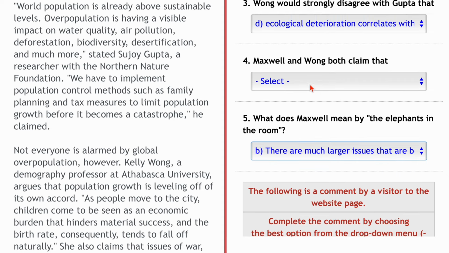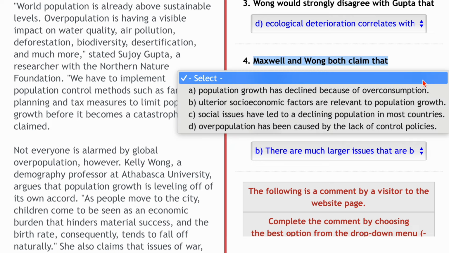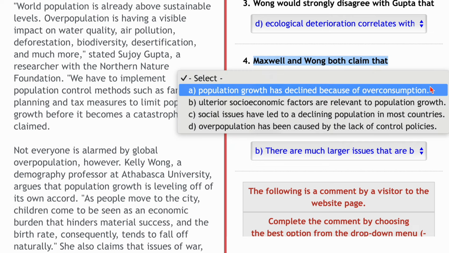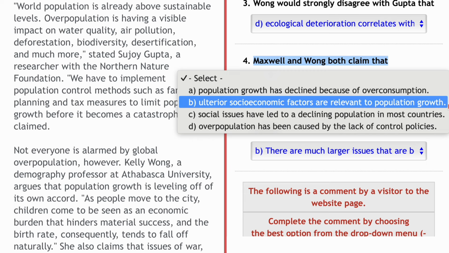What about 4? Maxwell and Wong both claim that. So we read about Wong, we read about Maxwell. Population growth has declined because of overconsumption. Ulterior socioeconomic factors are relevant to population growth.